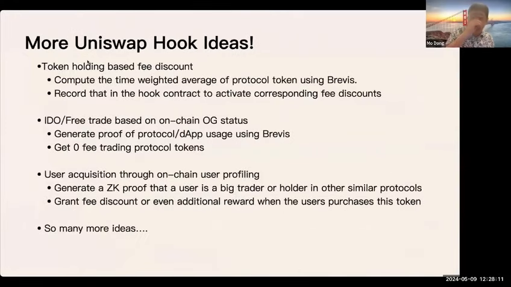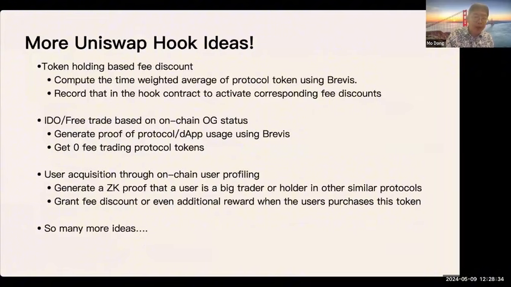And there are some other ideas, such as token holding based fee discount. Let's say you are a protocol that launched a pool on Uniswap with the protocol token and Ethereum, or with a protocol token and stable token. And of course, you want your actual user to easily get the token without paying any fee, right?